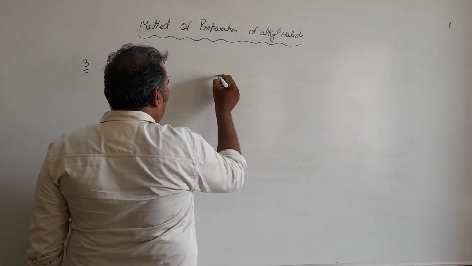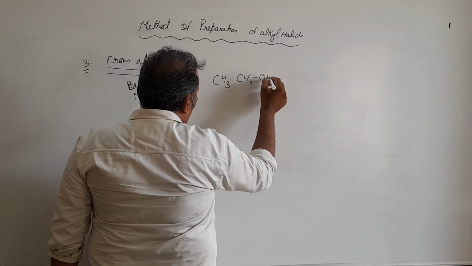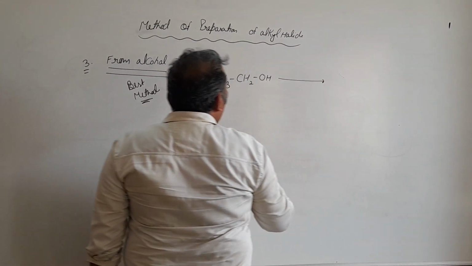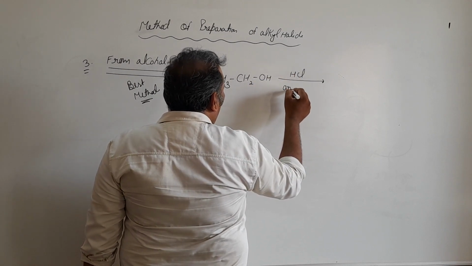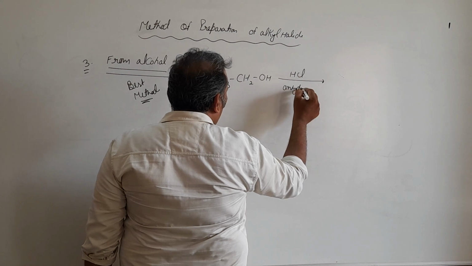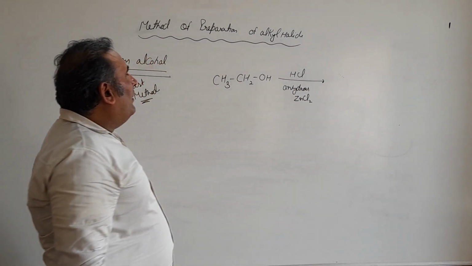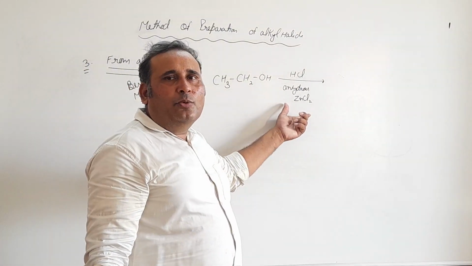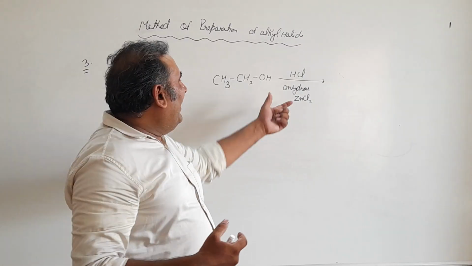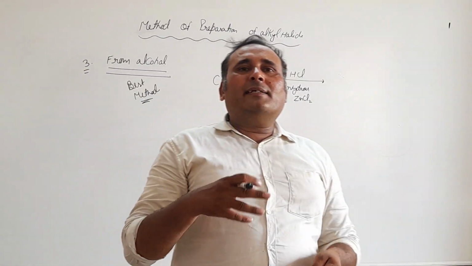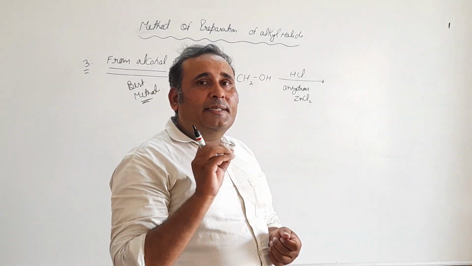If we use CH3CH2OH, we can react this alcohol with HCl in the presence of anhydrous ZnCl2. Now what is the role of anhydrous ZnCl2? Actually OH is a very poor leaving group, and anhydrous ZnCl2 or anhydrous AlCl3 are Lewis acids.